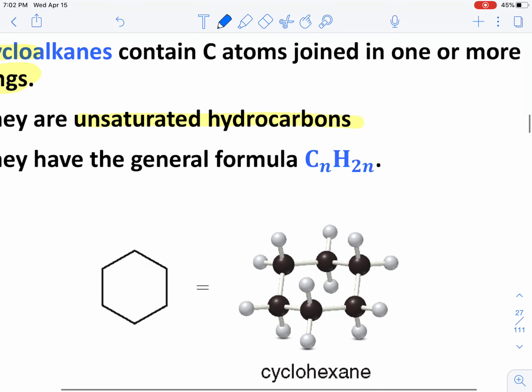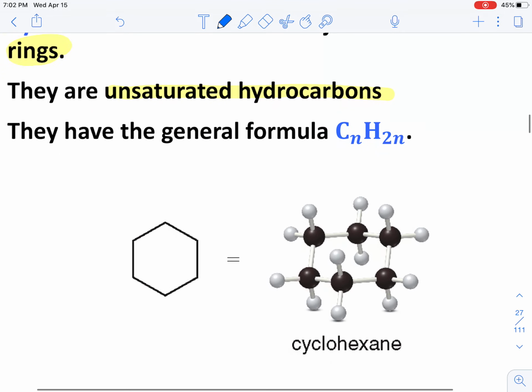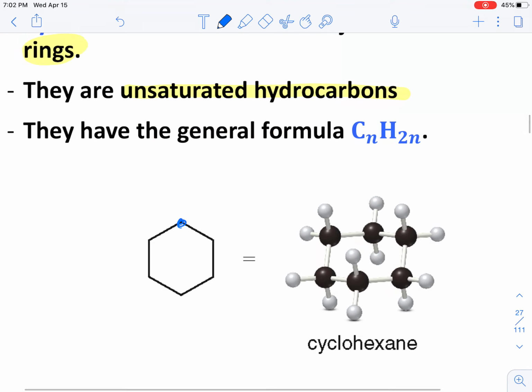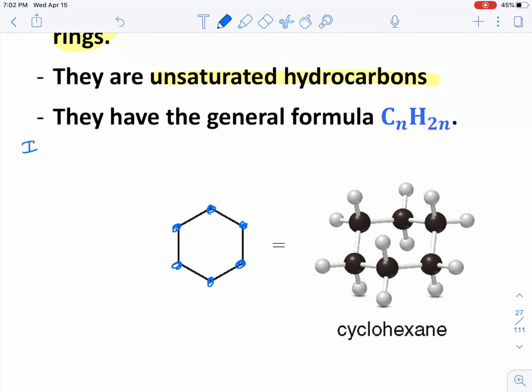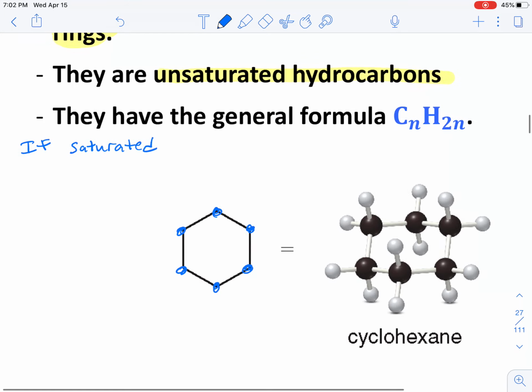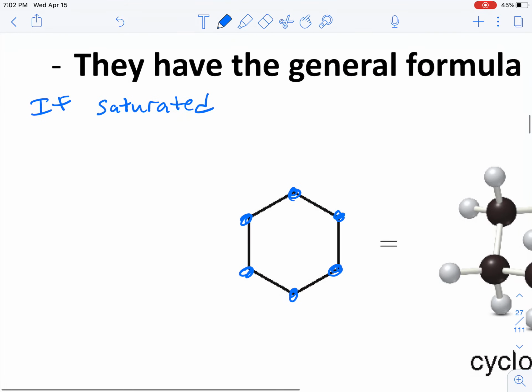And so if you count the number of carbons, 1, 2, 3, 4, 5, 6, if it's saturated, then a 6-carbon compound should have a chemical formula of C6H 2 times 6 plus 2.